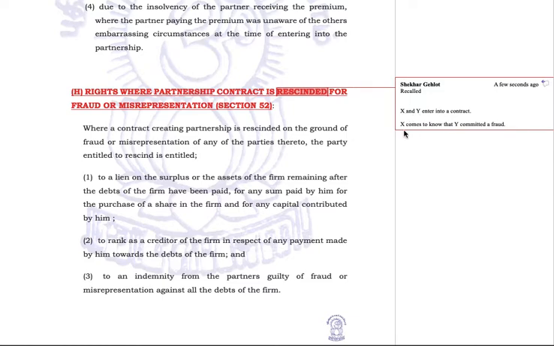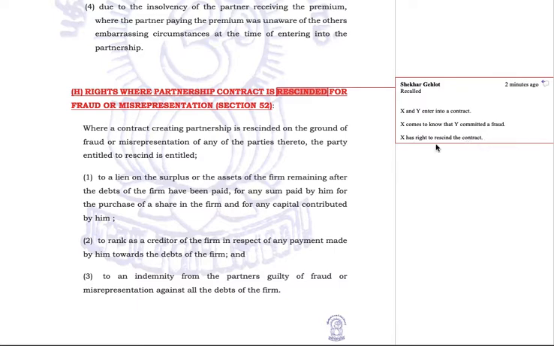Only X has the right to withdraw from the contract. Because we cannot honor or award someone who is guilty of committing a fraud. So we cannot give the right to rescind the contract to someone who has committed a fraud. It will always go to the party who has suffered the fraud. So X has suffered the fraud, X has the right to rescind the contract. Now X rescinds the contract.